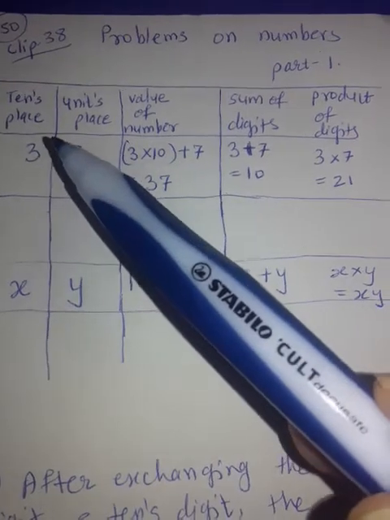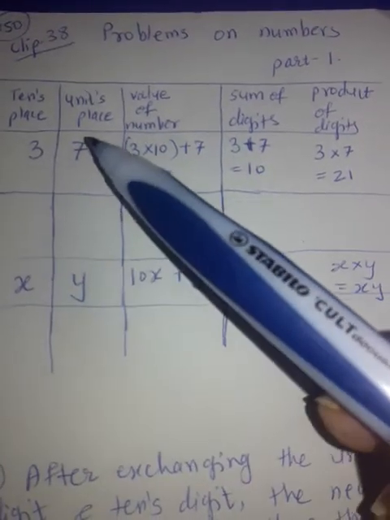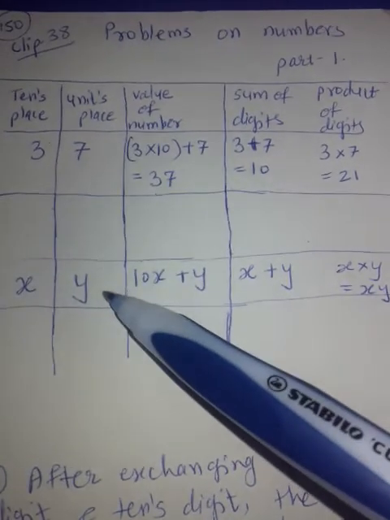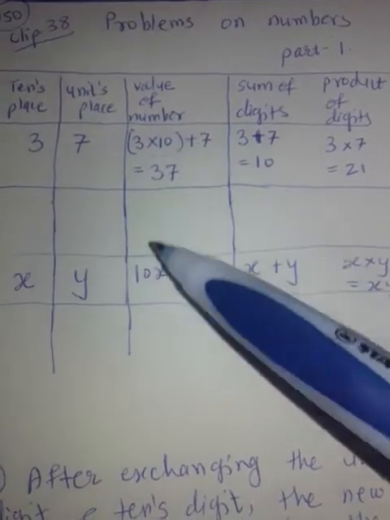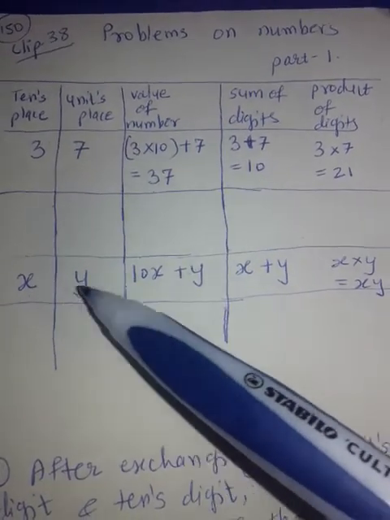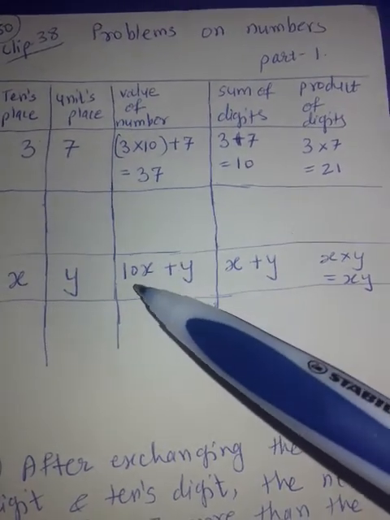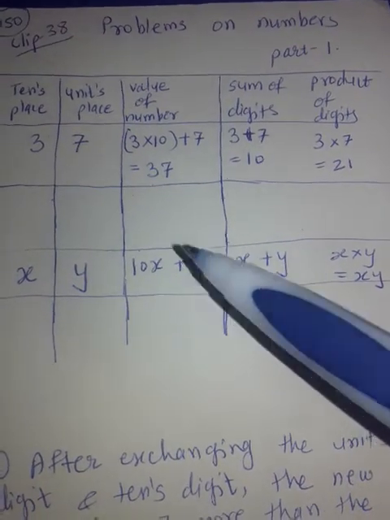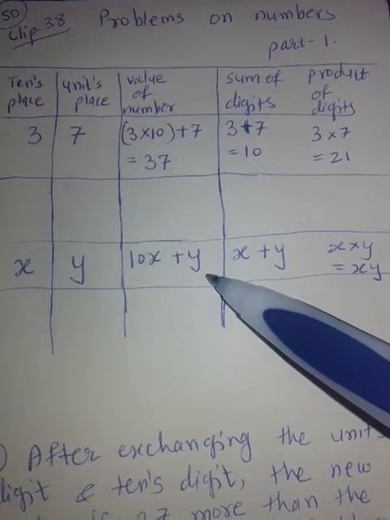If I say in a 2-digit number, tens place is x and units place is y, then how do I arrive at the value of that number? Same as this. Multiply the tens digit by 10, so it becomes 10x, and add units place y, so it becomes 10x plus y. The value of this number is 10x plus y.